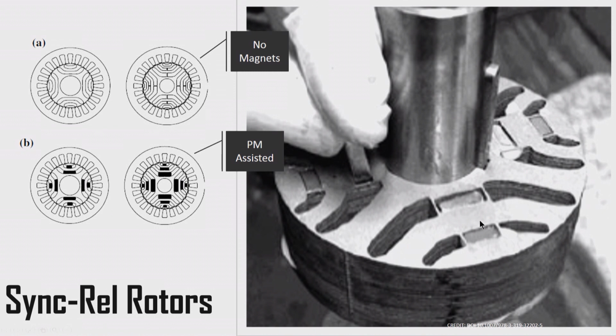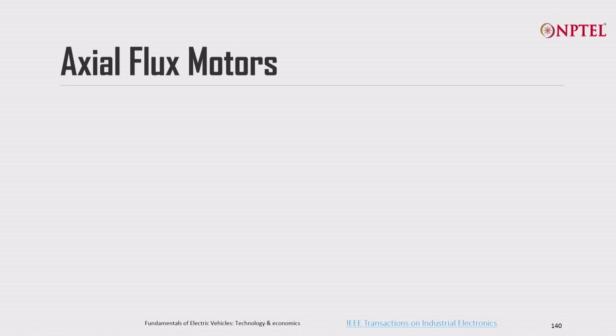This is the D axis, this is the Q axis, and as you can see, the reluctance in this path is very high, full of air pockets and magnets, and the reluctance in this path is very low because it is fully steel, and the difference between reluctances is what causes the reluctance torque.